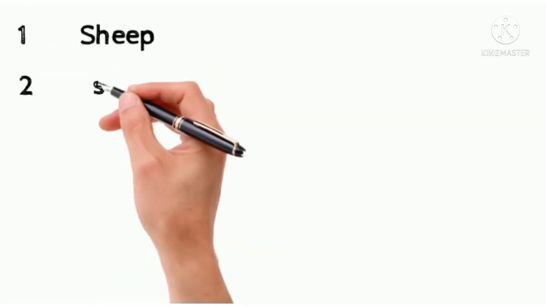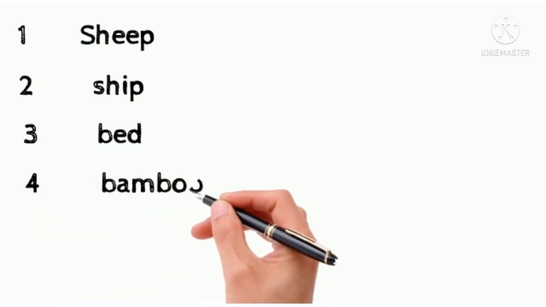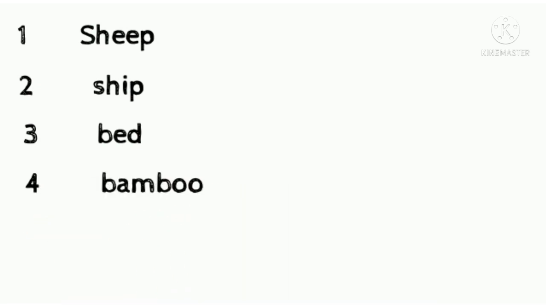First word was sheep, and the next is ship. When I went to the ship, I saw a bed. Bed is the word here, and the bed was made of bamboo. Bamboo is the word. The fifth word is pot, and in the pot there was ab. That's water in Kashmiri.